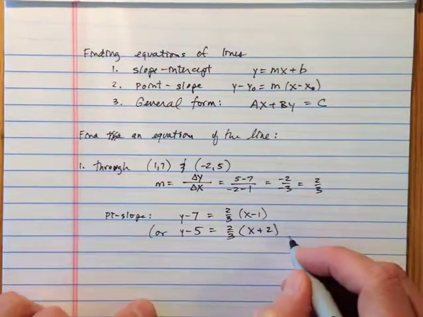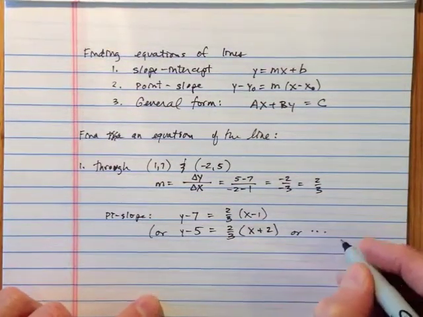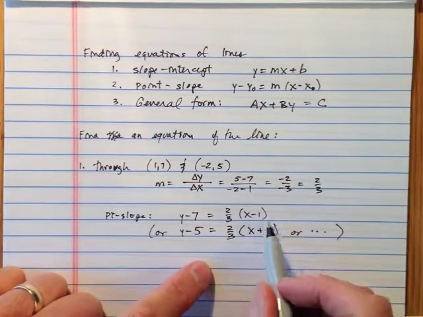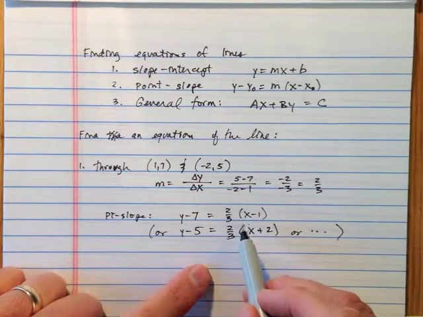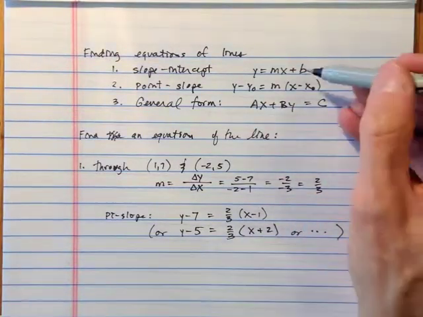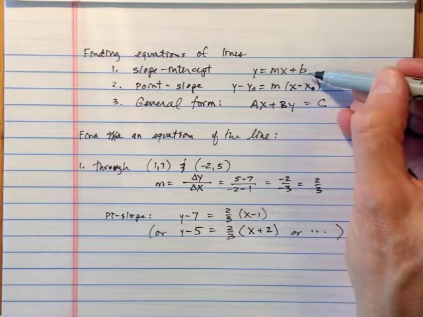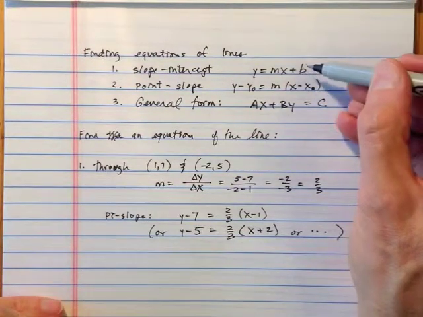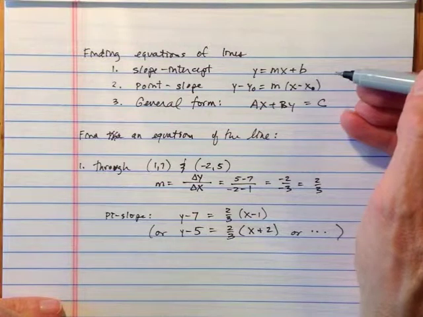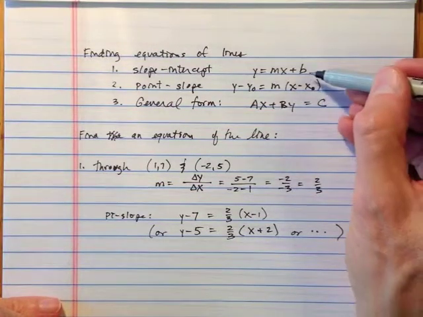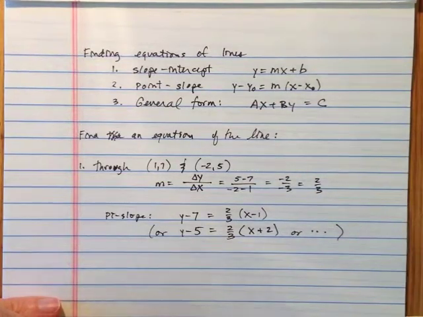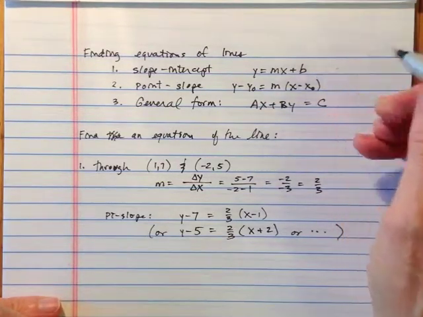There's lots and lots of ways to find an equation of the line. I've seen students stick in x equals 0 so they can learn the y-intercept so they can write the line in slope-intercept form. I think you did this because you had some high school teacher in your past who insisted that you write lines in slope-intercept form. There really is no practical reason to insist on that, unless you want to just make grading the math exam a little easier.